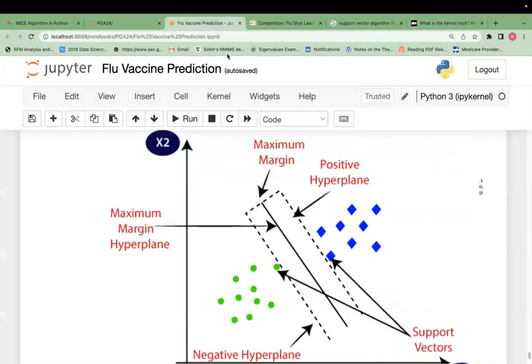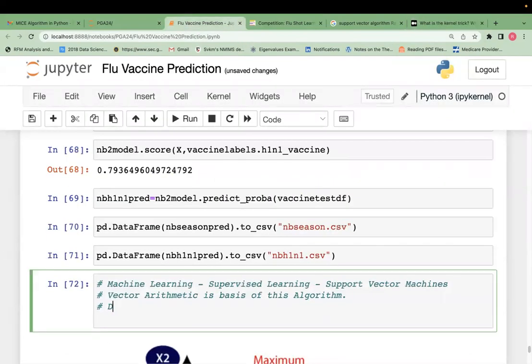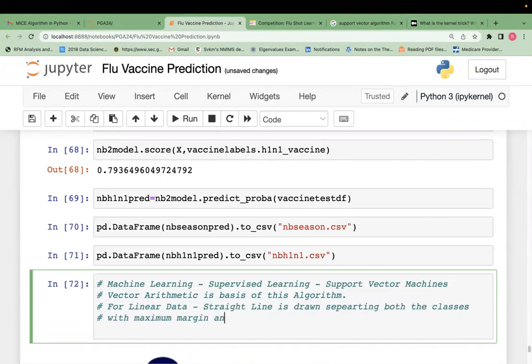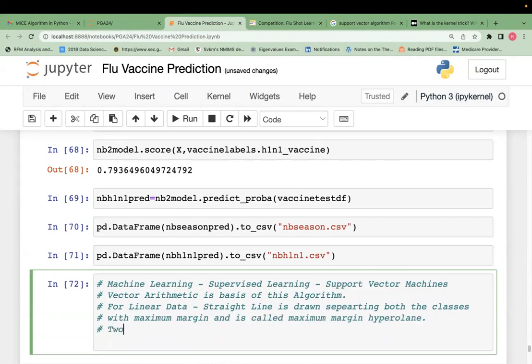So within support vector machines, for linear data, the maximum margin hyperplane is drawn between both the classes, and two support vectors are drawn.